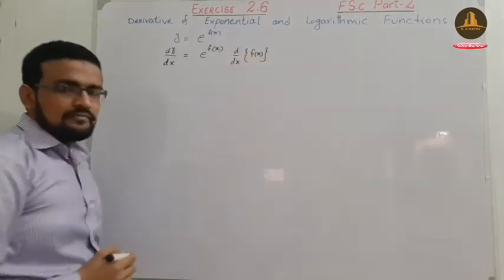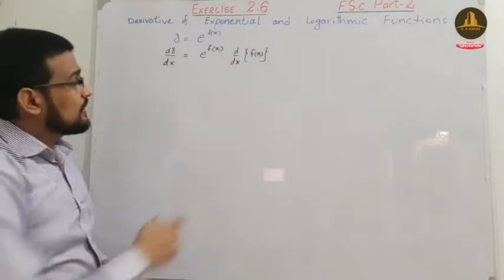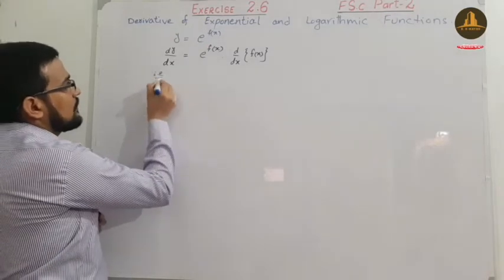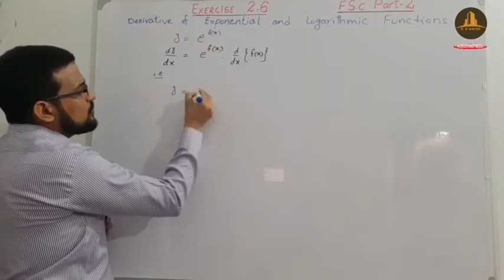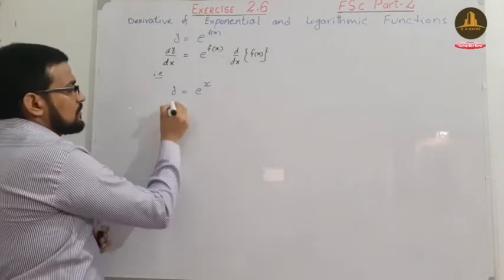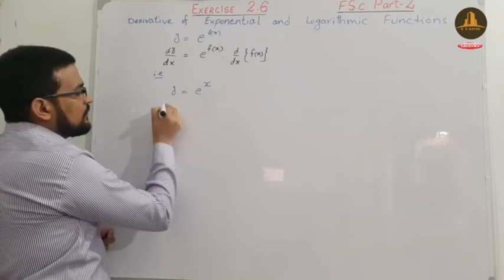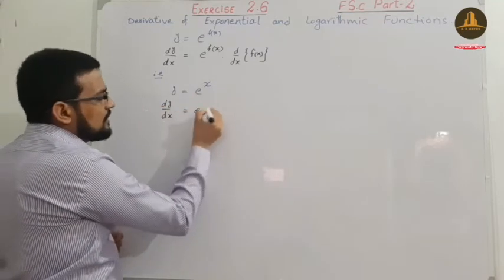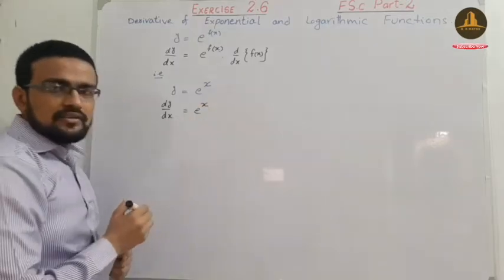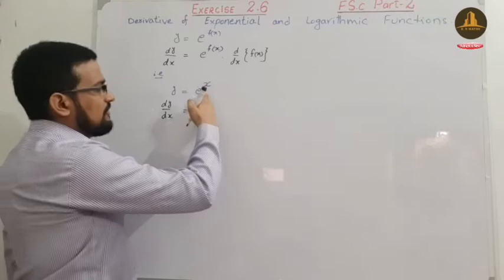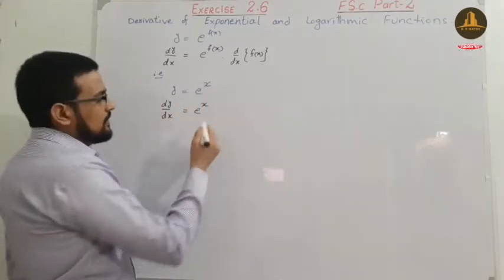Okay student, it means if here y is equal to e raised to power x, the derivative of this function will be e raised to power x multiply with the derivative of x, and the derivative of x is 1.